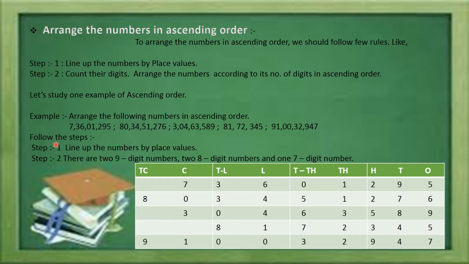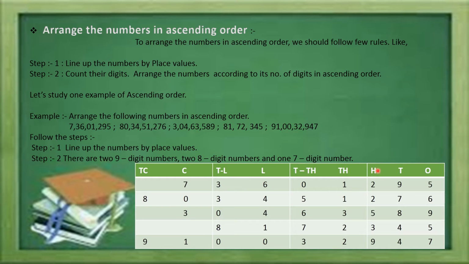So, to solve these, let us follow the steps. Step number 1, line up the numbers by place values. Step number 2, there are two 9-digit numbers, two 8-digit numbers and one 7-digit number. Now, to line up all the numbers by their place values, we will take the help of the Indian place value chart.